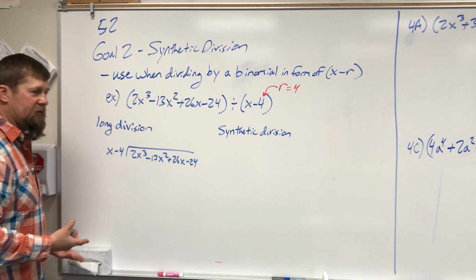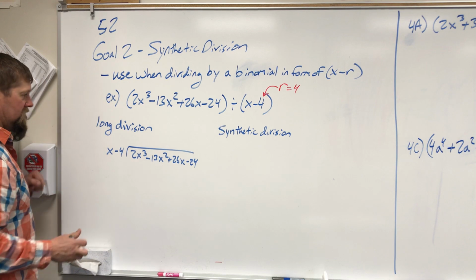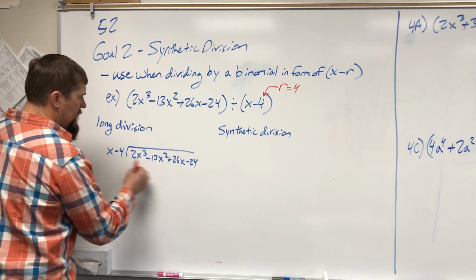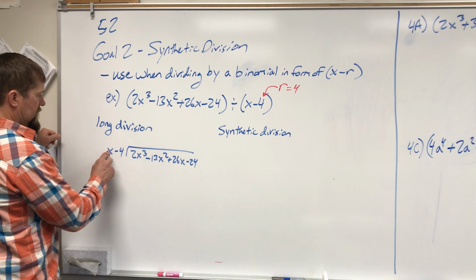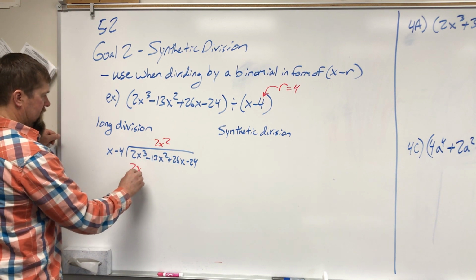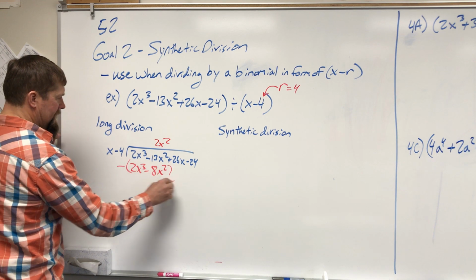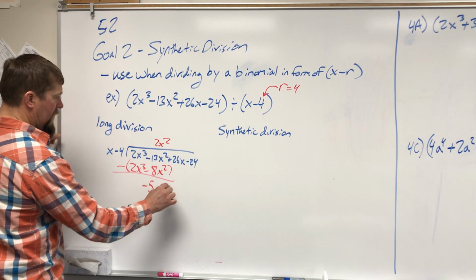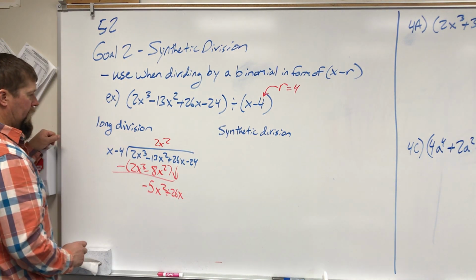Now, I'm going to do long division quickly, just so we can compare that to the synthetic division. I won't talk it through too much here, since we just got done with the other video on long division. So we multiply by 2x squared, we get 2x cubed minus 8x squared. Subtract, we get negative 5x squared plus 26x.